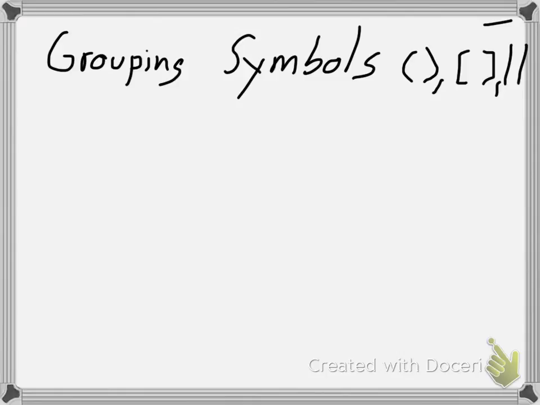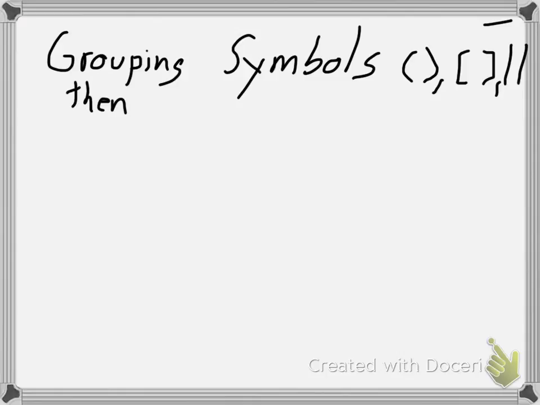But what these grouping symbols are telling us is that in certain circumstances, you need to do whatever's inside those grouping symbols first. It's the most important. Okay? So grouping symbols are really the most important because they're saying, wait, this is really important. We got to focus on this first. So anytime you see a grouping symbol, anything inside that grouping symbol must be done first.